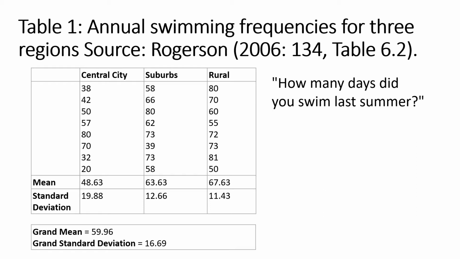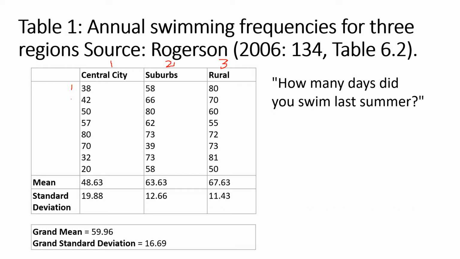Okay, so we have 3 groups. So we have central city, there's group 1. We have suburbs, that's group 2. And we have rural areas, that's group 3. And then for central city, suburbs, and rural, we each have 8 observations, right?